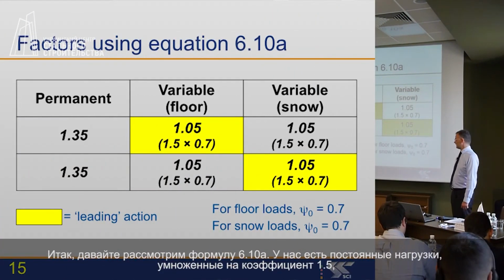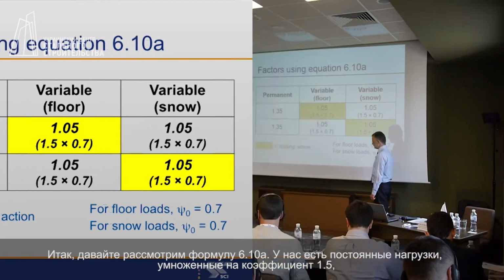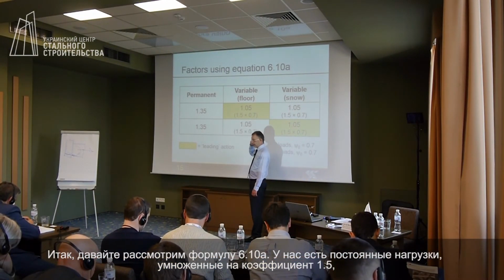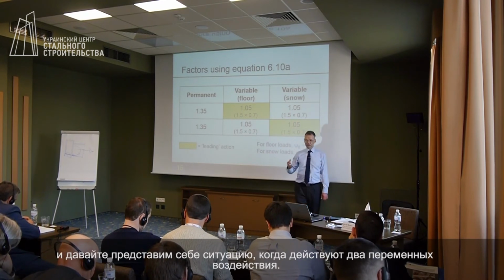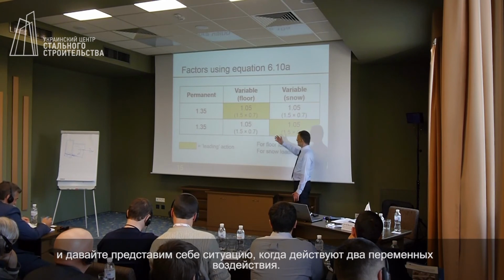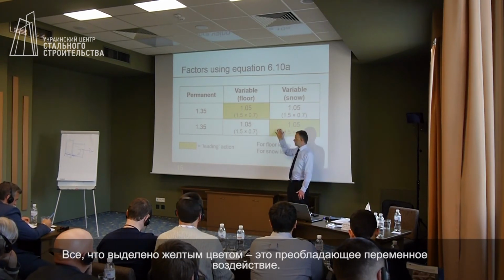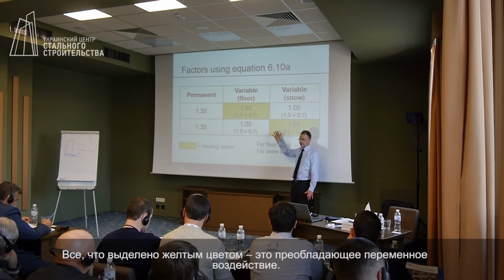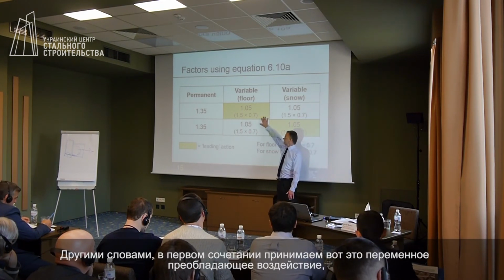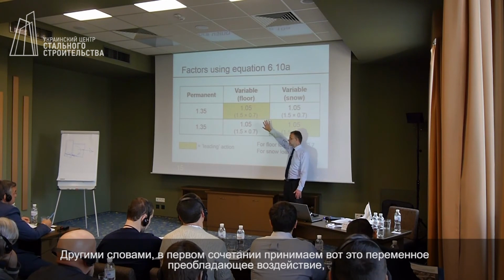So here is 610A. We have the permanent actions multiplied by 1.5, and I'm imagining the situation where we have two variable actions. So the yellow cell here is the leading variable action. In this combination, this is the leading variable action.